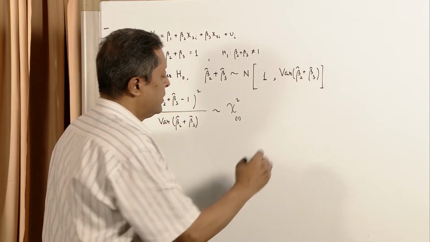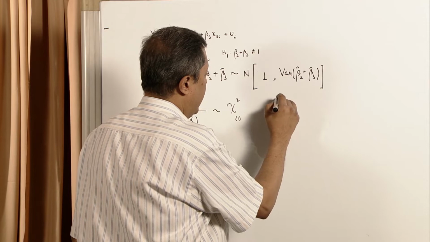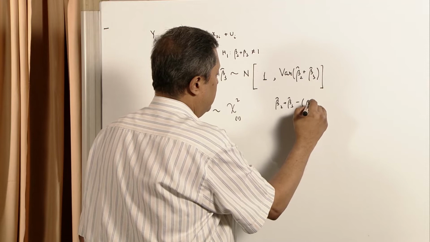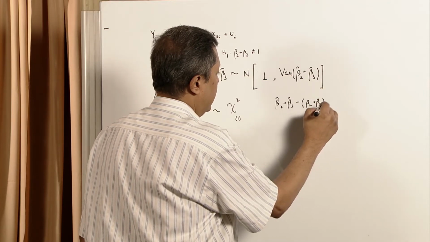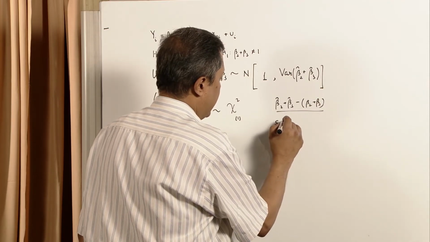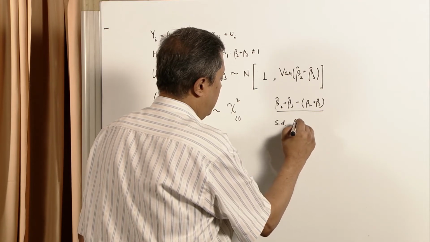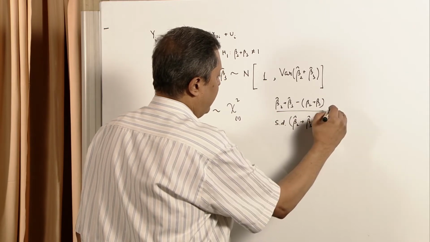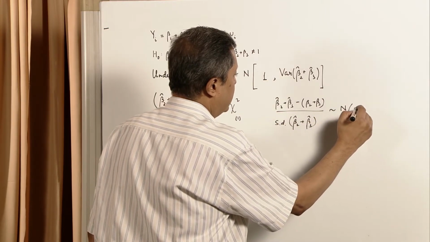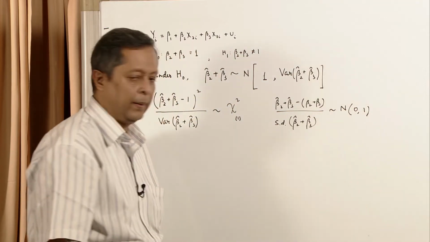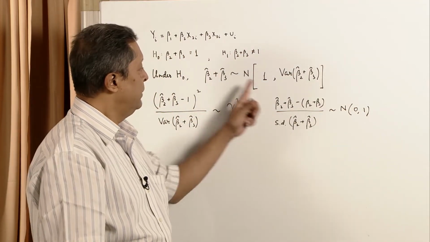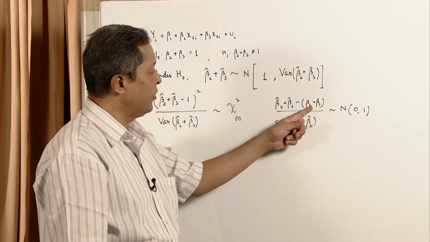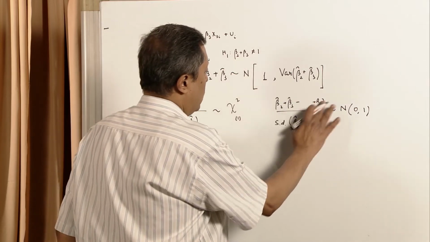The reason is that beta 2 hat plus beta 3 hat minus (beta 2 plus beta 3) divided by standard deviation of beta 2 hat plus beta 3 hat follows a normal with mean 0 and standard deviation 1. Because we are considering H naught beta 2 plus beta 3 equal to 1, instead of beta 2 plus beta 3 we put 1 here.